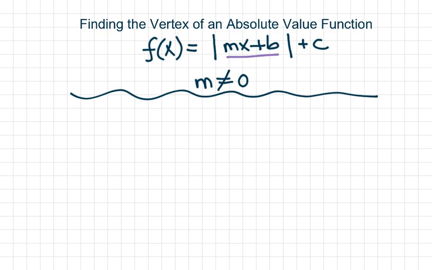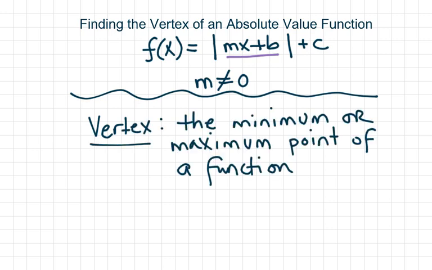So to find the vertex, all we need is to find a point. The definition of a vertex, again, is the minimum or maximum point of a function. And that point has an x and a y. This is called a coordinate point.